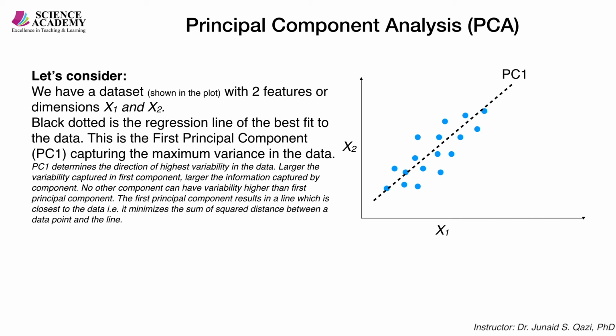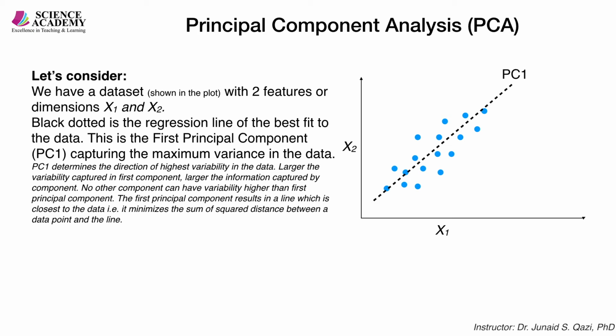So we have a black dotted line in the diagram, which is actually the line of best fit to the data. This is the first principal component, which is capturing the maximum variance in the data. So PC1, or principal component 1, determines the direction of highest variability in the data.